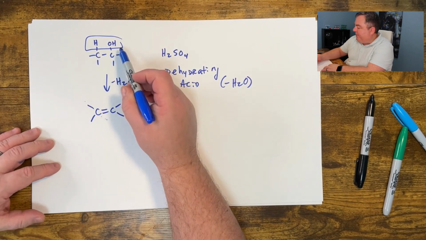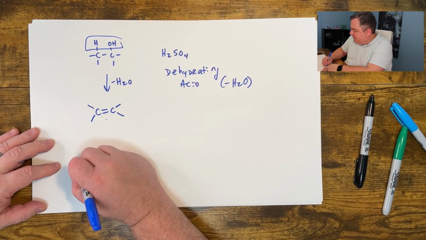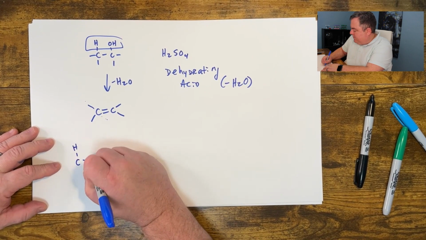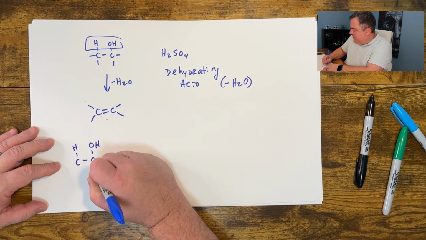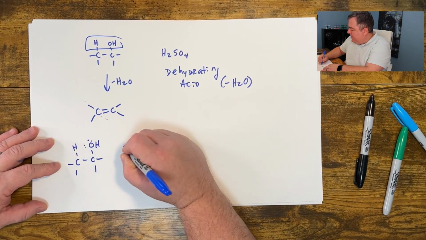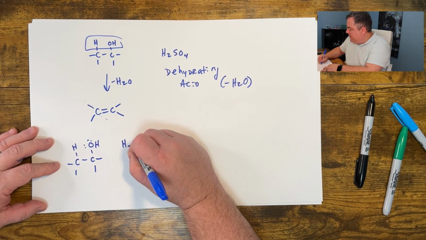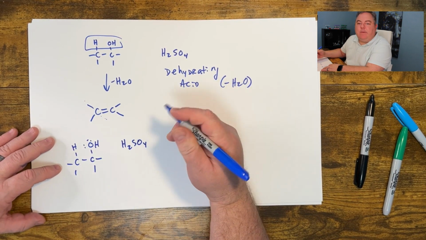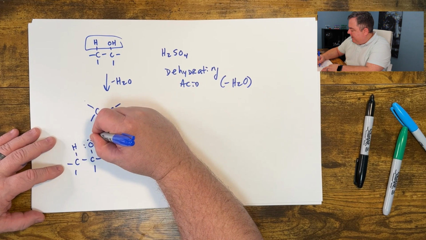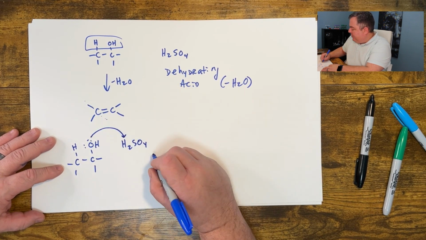Let's look at the mechanism, how we get from here to here. If we have sulfuric acid, that lone pair can grab the H+.